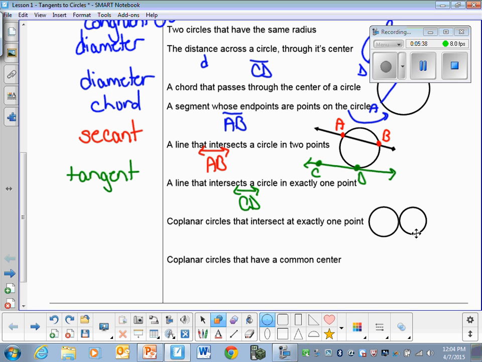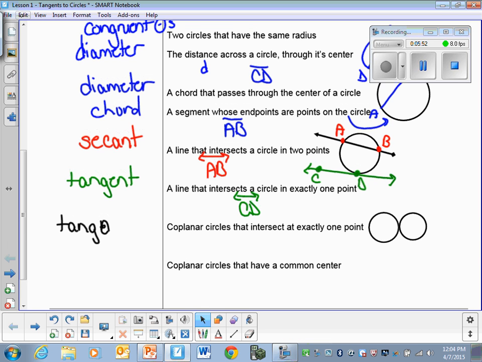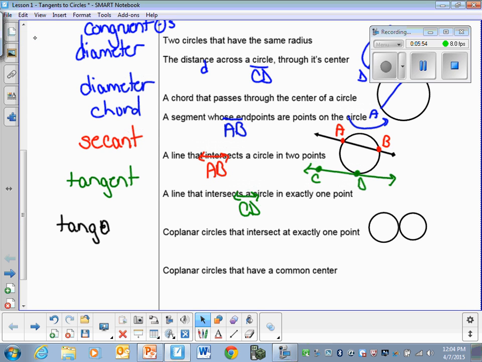They are tangent circles, because you only have one point where they intersect.